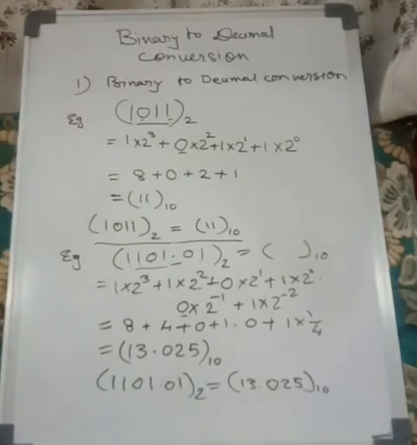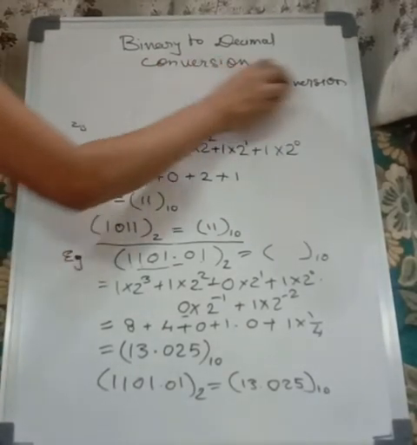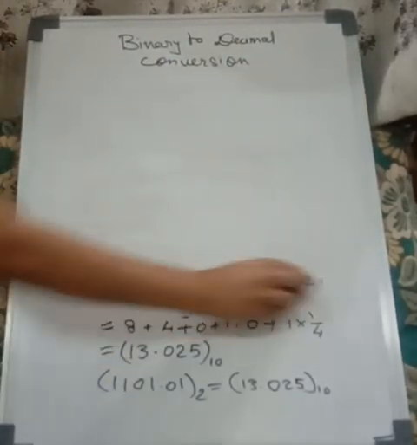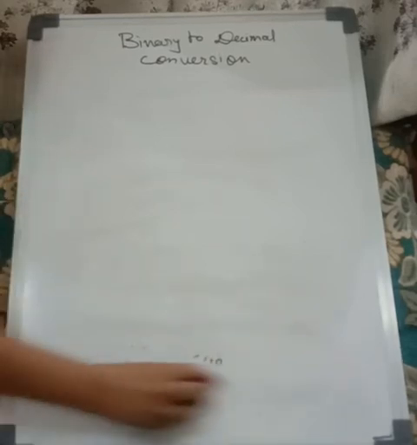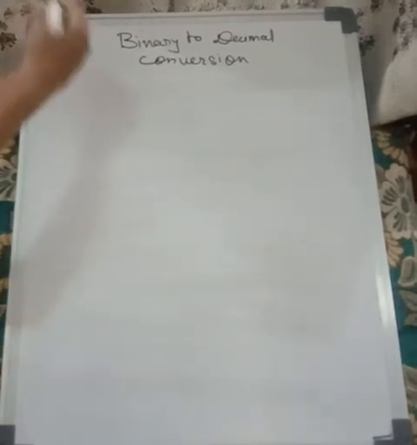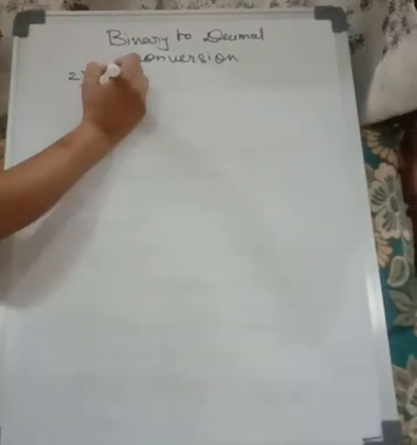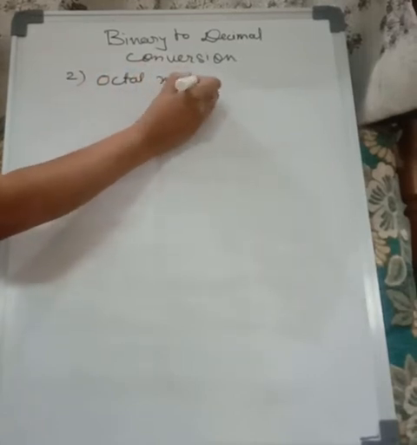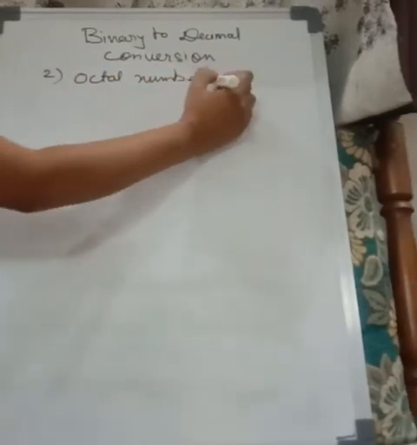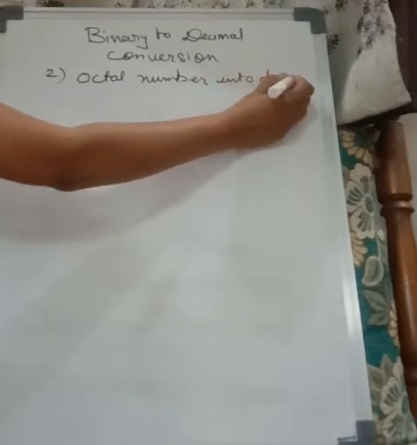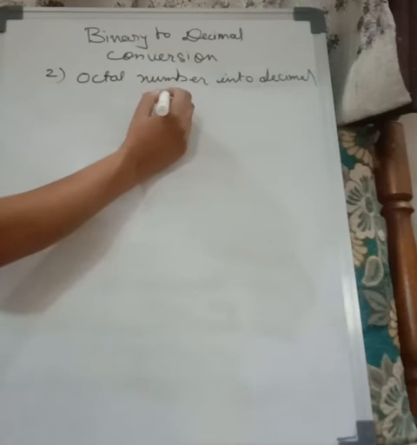Now let us study how we can convert an octal number into a decimal number. I hope it is quite clear to you, so that it would be easy for you to convert an octal number into a decimal number.